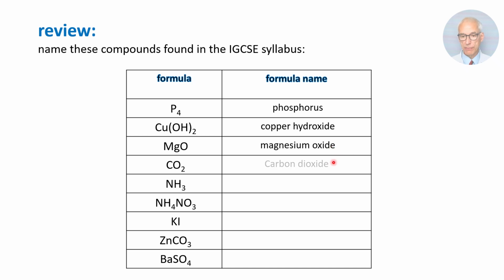Magnesium oxide, carbon dioxide, two non-metals, so we can use the dioxide naming. Ammonia, anomalous. You must recognize NH3 as ammonia. NH4 is ammonium. NO3 is nitrate, so ammonium nitrate.